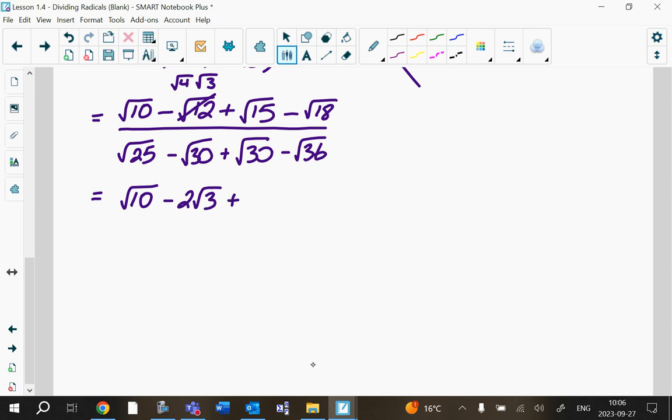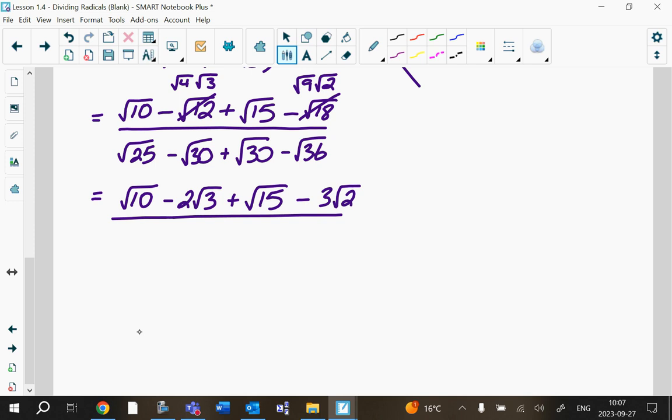No. What about root 18? Root 9 times root 2, which is the same as 3 root 2. Okay? And there's still nothing I can combine up top. So that's as simple as I can go up top, because there's no like radicals there that I can add or subtract together.